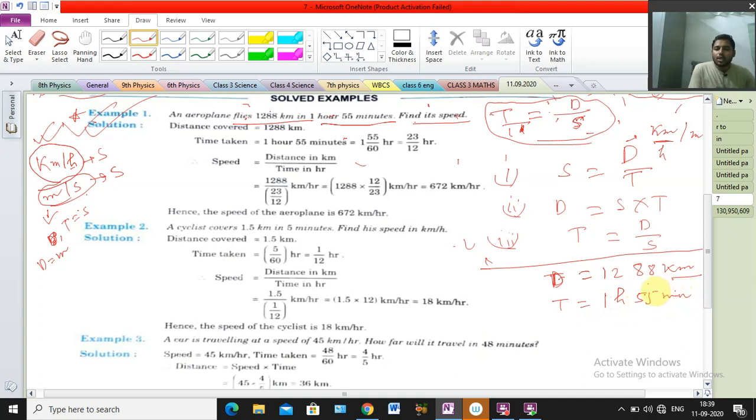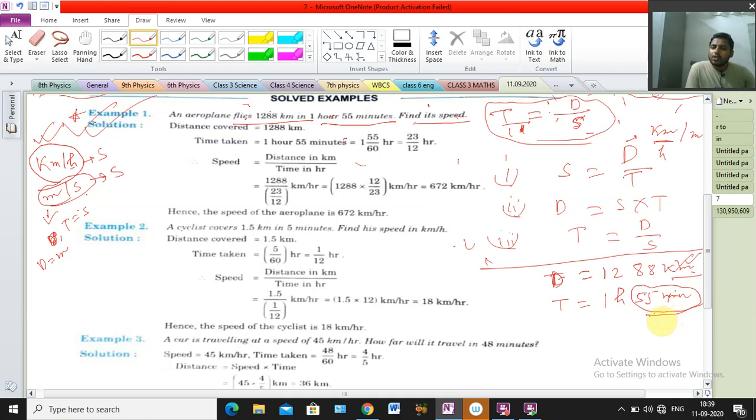1 hour 55 minutes. But I told you, when distance is given in kilometer, the unit of time will be hour, no? But here in the question 1 hour 55 minutes is given, with extra minutes. So this minute portion we have to convert into hour.